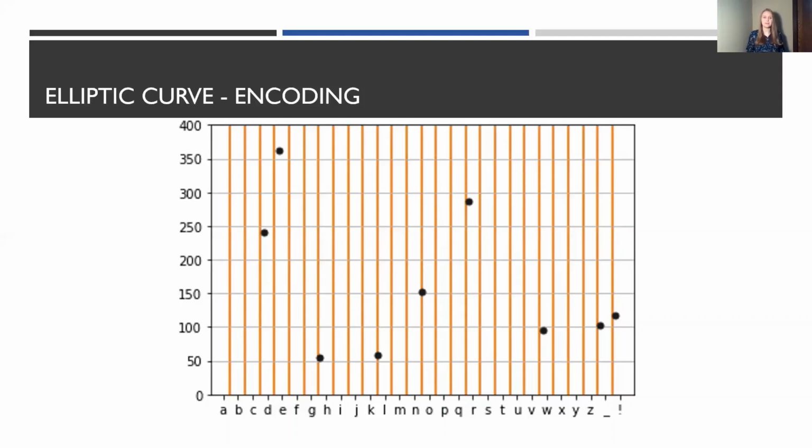To find points in each subsection for each character that we need to encode, we'll start by taking, for example, the letter A. If we need to encode the letter A, we'll check at point x equals 1.